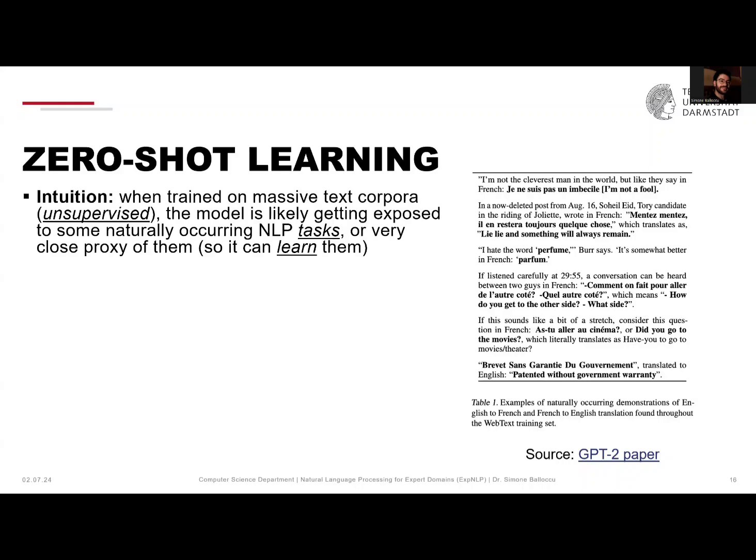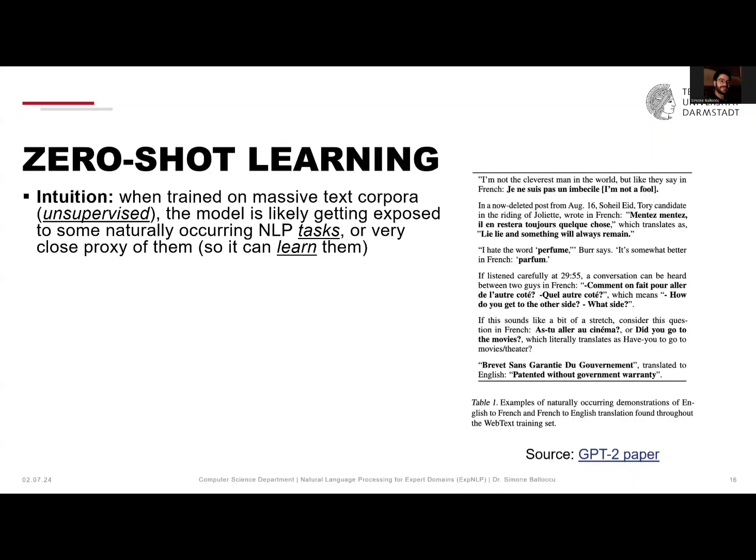People say, I'm not the cleverest man in the world, but like they say in French, followed by the actual French translation of it. Or if this sounds like a bit of a stretch, consider this question in French, blah, blah, blah. Or did you go to the movies? Which literally translates as, have you go to the movies theater? So while this is not machine translation text, the model sees instances of parallel translation, right?